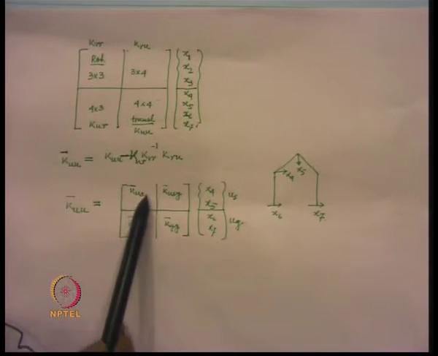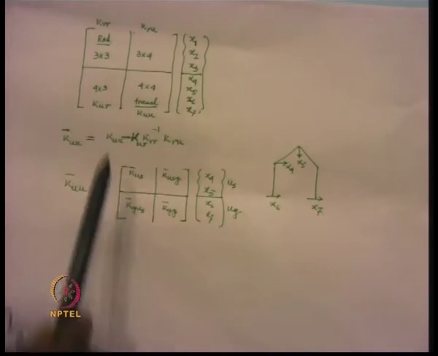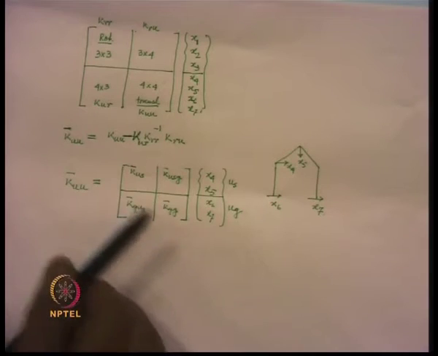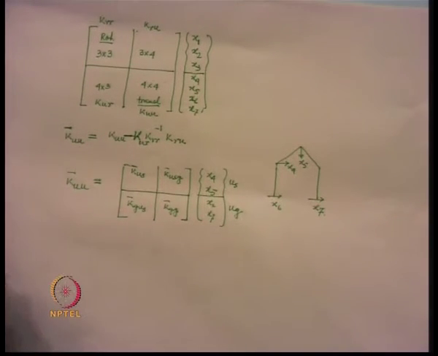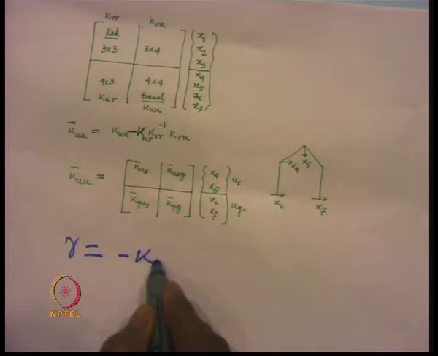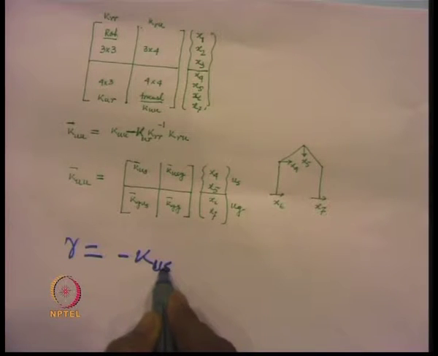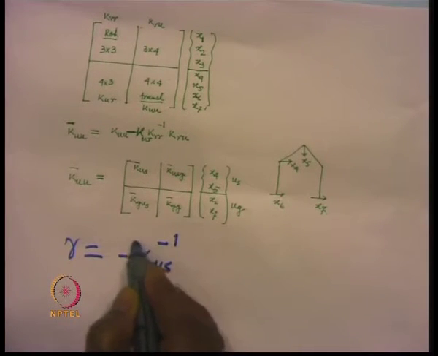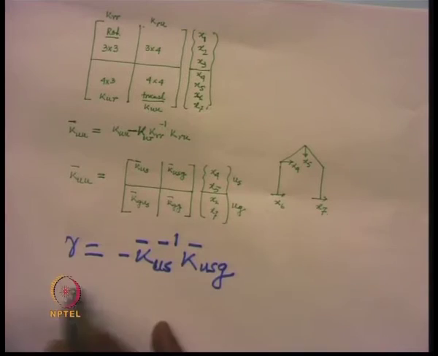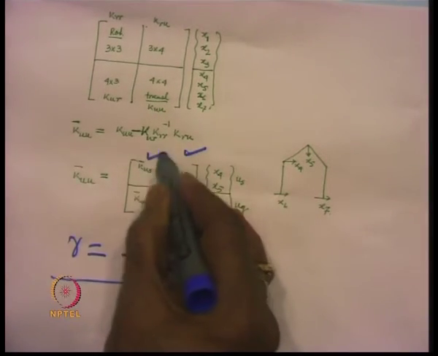Now, with this we get the value of R using again the previous formulation, that is R is equal to minus K bar Uu inverse into K bar Usg, and these two matrices are given over here.